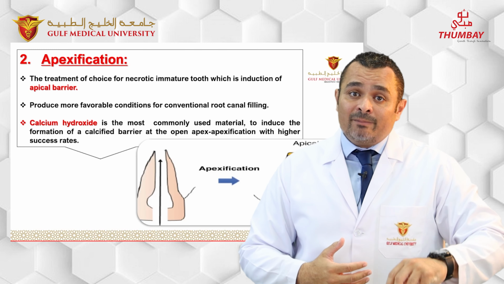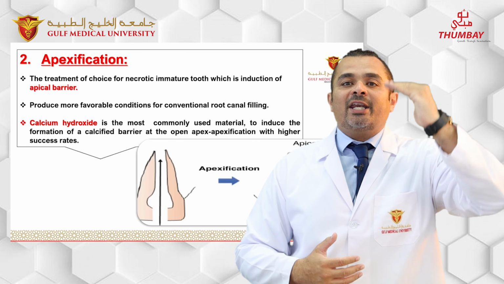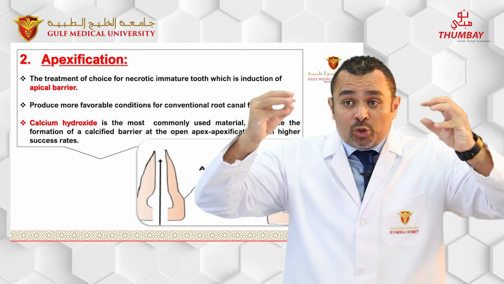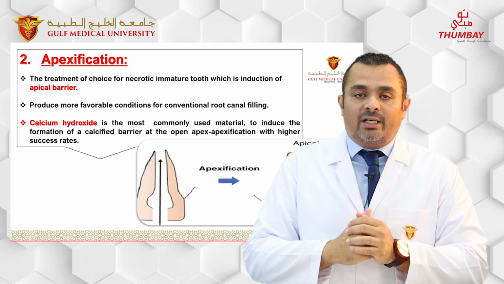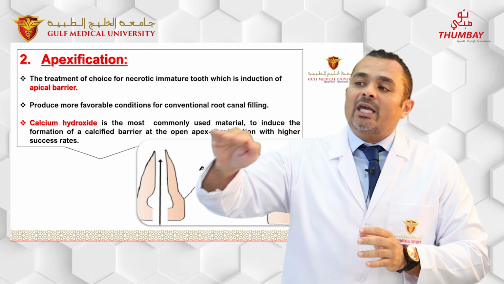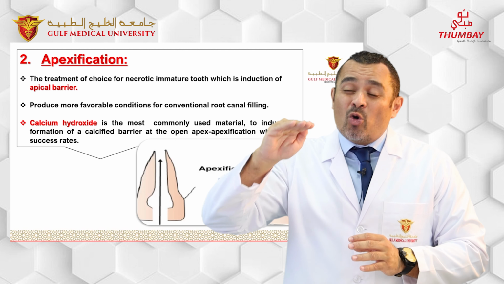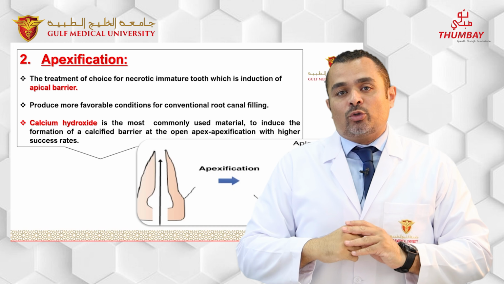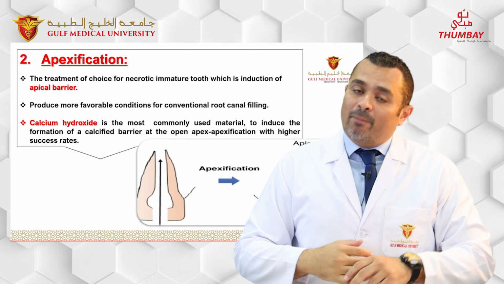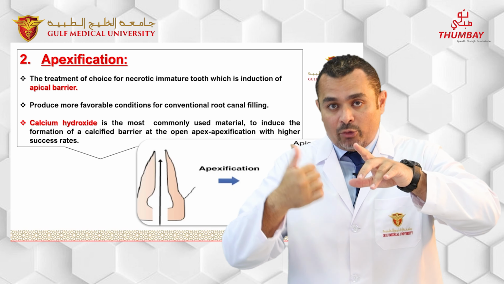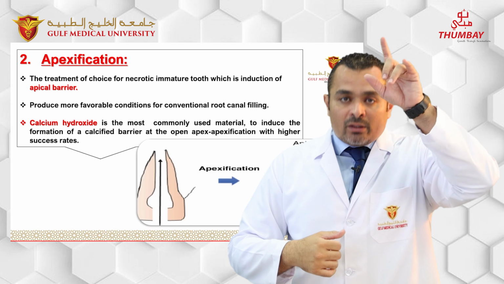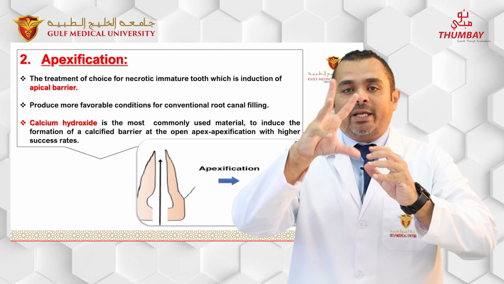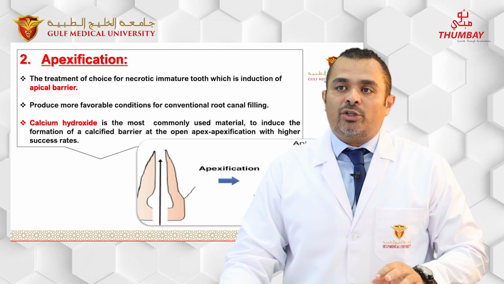In that case, we remove the pulp till the radiographic apex, not to the cemento-enamel junction, so that the epithelial root sheath of Hertwig surrounding will complete the root. What makes an apical barrier, not traditional root development or completion, is called apexification. Place calcium hydroxide powder and liquid, not paste, all over the canal, and leave it for 18 months. Follow up; once the apical barrier forms, remove it and make the traditional RCT.